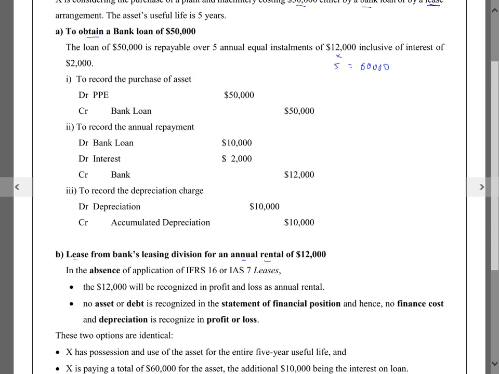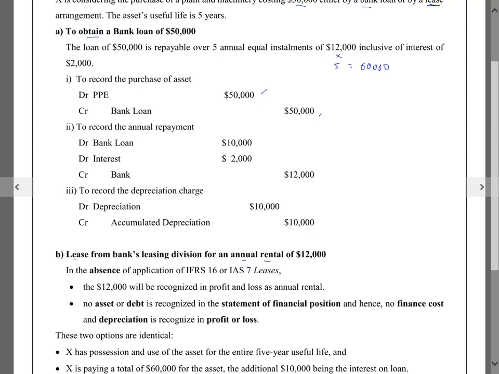When I borrow to buy the asset, at first I recognize the asset as 50,000 and a loan of 50,000. I must depreciate the asset and I must pay back 12,000.